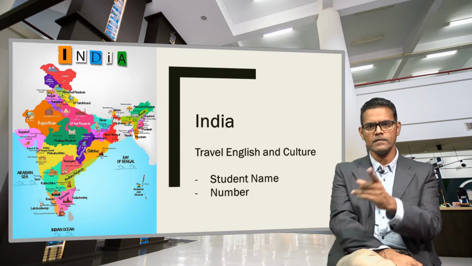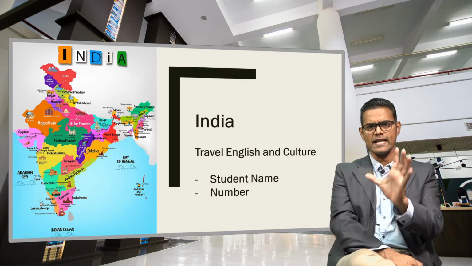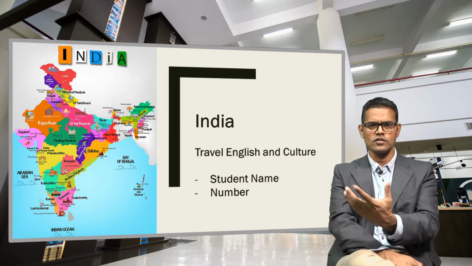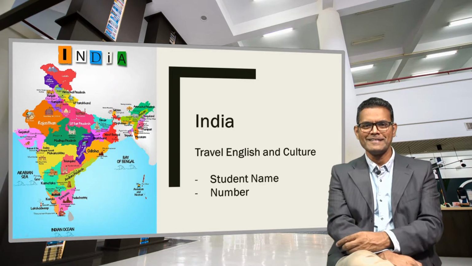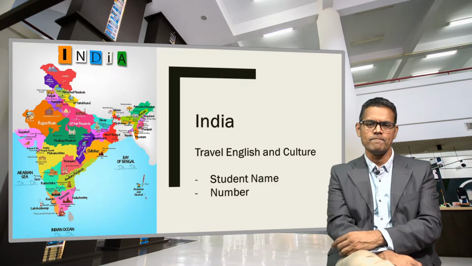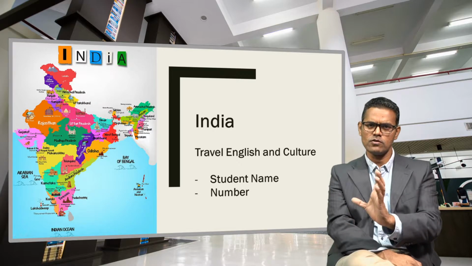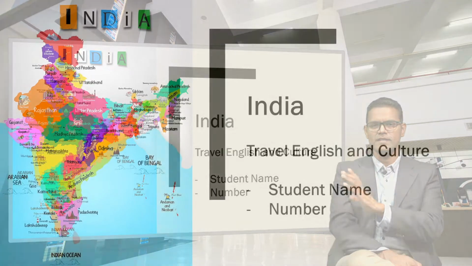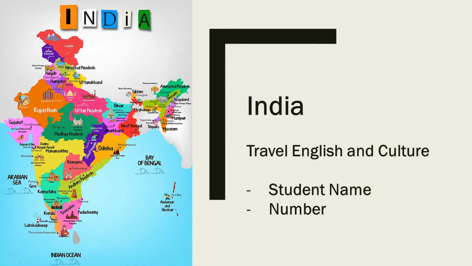In fact, this is how your first slide should look like. I have shown you the first slide of the country India, because I'm from India, and your PPT slide should look something like this. So the India map is there, the country's name is very clear, and the class.